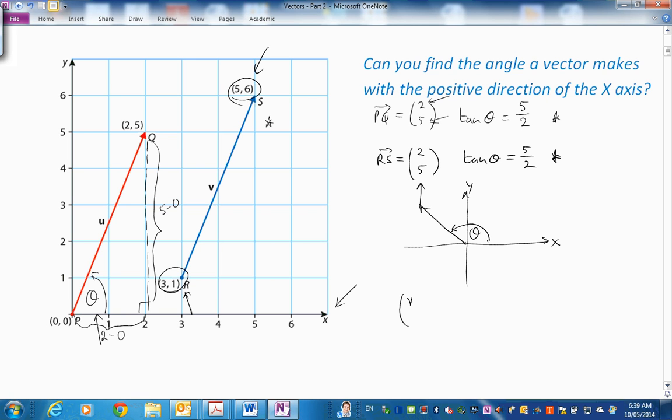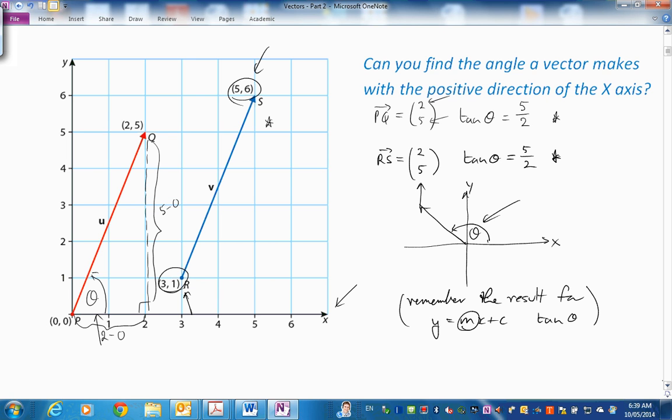Just remember the association, remember the result in coordinate geometry land for y equals mx plus c, then m, the slope, is the tan of the angle that the line makes for the positive direction of the x-axis. It's this angle here, not the other side. Okay, a bit of revision there.